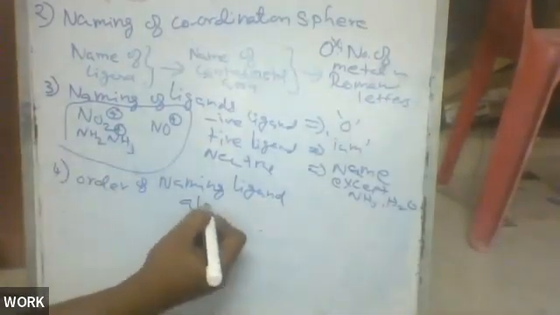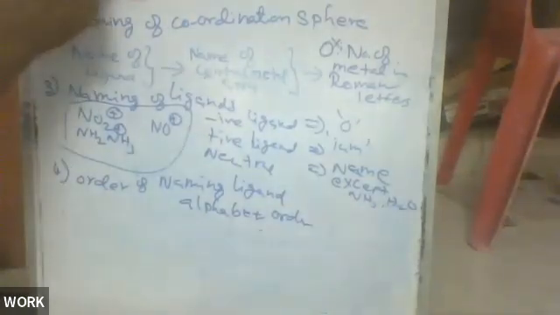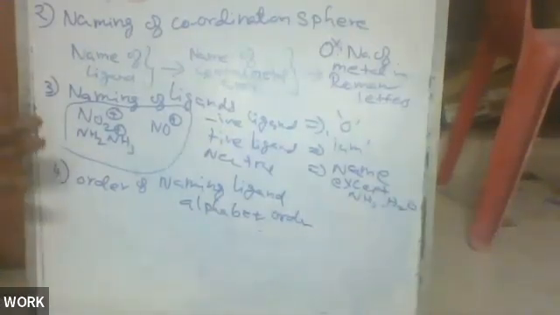Now, according to IUPAC, you have to name based on alphabetical order. When all the ligands are of the same type, suppose we take an example with en, Cl, NO, so you have more than one ligand, and naming the ligand becomes a question. Earlier it was negative, neutral, positive.